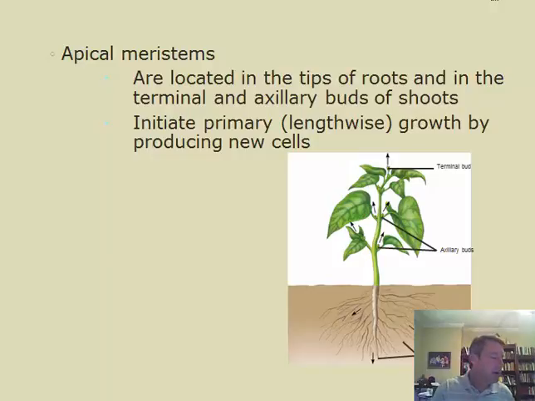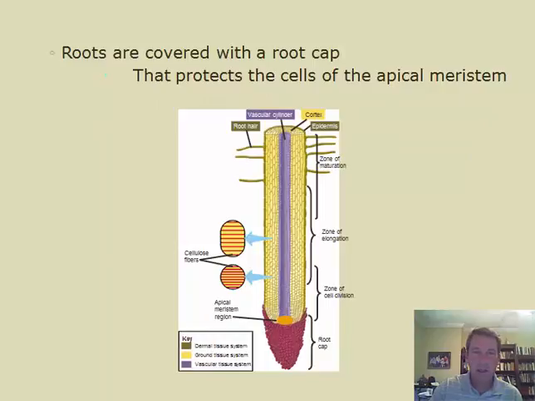The apical meristems are like the tip of the stem, so when the stems get longer, and the tip of the root as well. As the stem is getting longer, you're having new growth that takes place. And growth is the same as growth in animals: mitosis has to take place. You have to have new cells for growth. And so this is going to be the site where those new cells come from, the apical meristems, for primary growth. All right, so let's look at that.